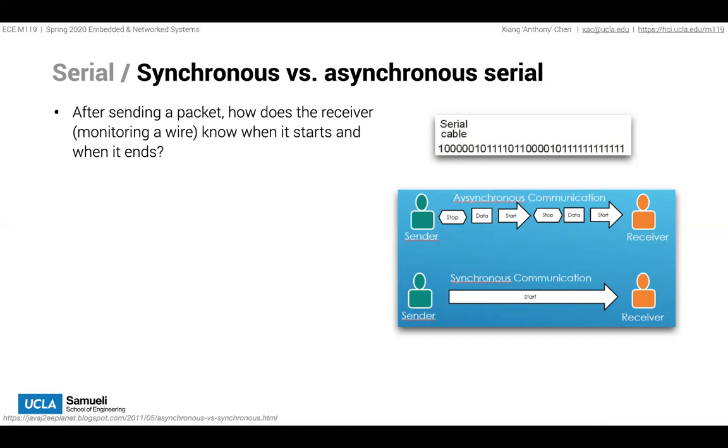That is going to be confusing if you send multiple packets, or if multiple senders are sending multiple packets. How does the receiver figure out how to segment the signals into different packets at its end?